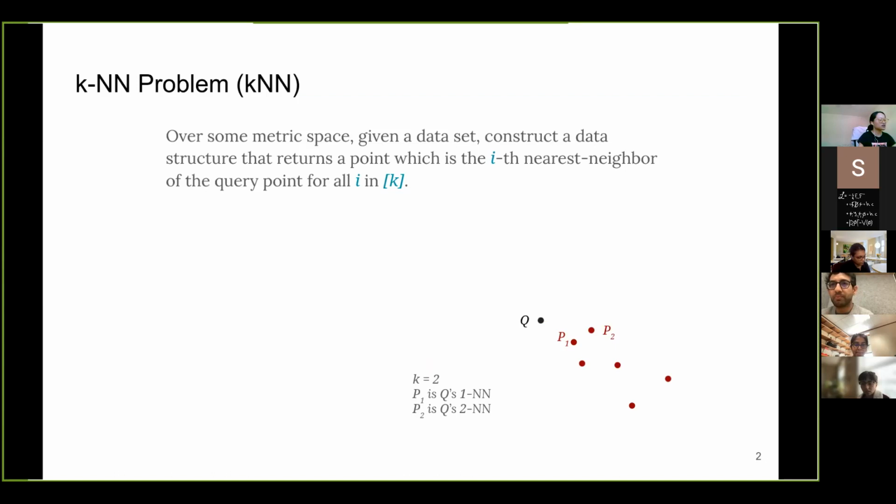It is defined as follows: over some metric space, given a dataset, construct a data structure that returns a point, which is the i-th nearest neighbor of the query point for all i in the range from 1 to k. Suppose all these red points are located in the database and k equals 2, and we say that P1 is Q's 1-NN, P2 is Q's 2-NN.